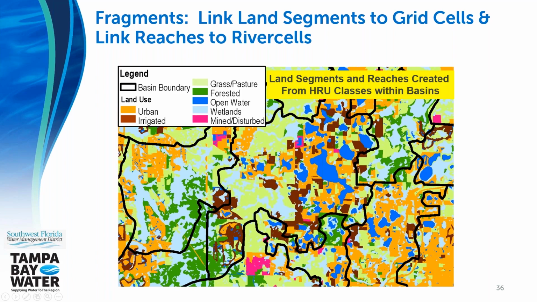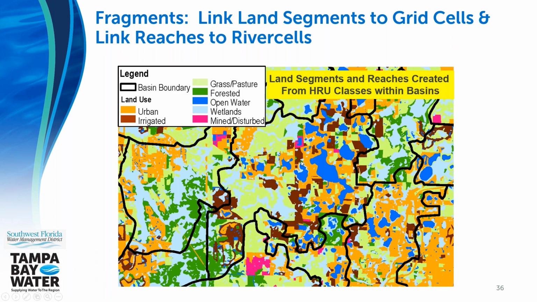You can see that they're not necessarily touching each other, but the aggregation of all of these orange areas represents one simulation unit for the urban region. If we look at the dark brown areas, those are irrigated. Again, they're not touching each other, but aggregated together they form one simulation unit in this basin. And the irrigated areas in this basin are simulated separately from the irrigated areas in the adjacent basins.